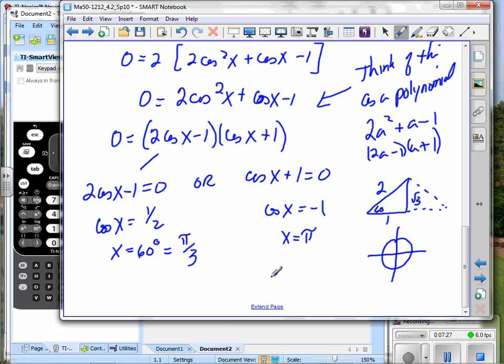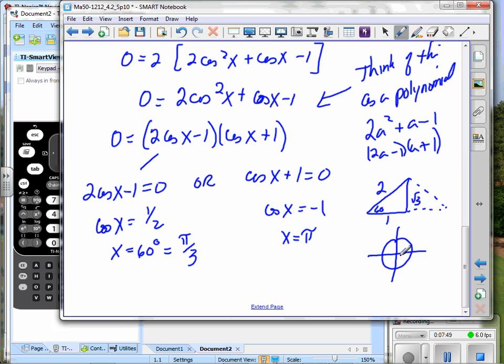Now, are these the only places where cosine is 1/2? If it's 60 degrees, it could also be down here with a terminal side in this direction. And if that's the case, then what would be the angle measure?